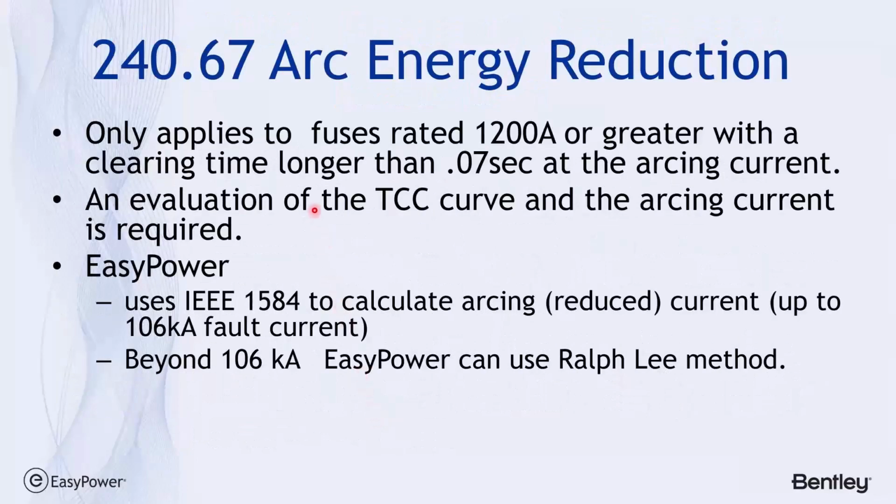It only applies to fuses rated 1200 amps or greater with a clearing time longer than 70 milliseconds, and an evaluation of the TCC curves is required. So EasyPower uses IEEE 1584 to calculate the reduced arcing current up to 106,000 amps, and beyond 106,000, EasyPower can use Ralph Lee's equations.